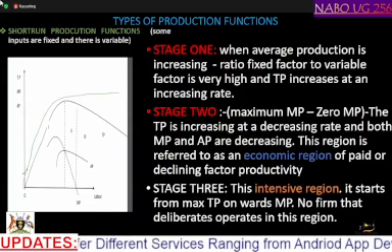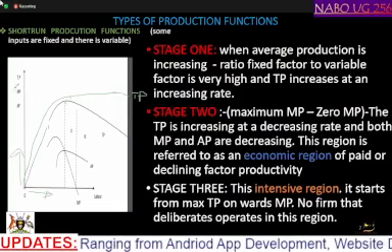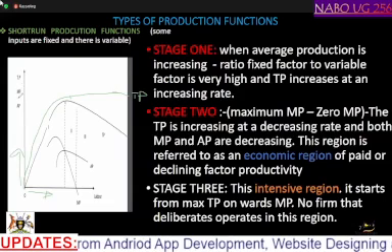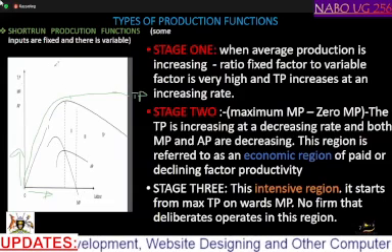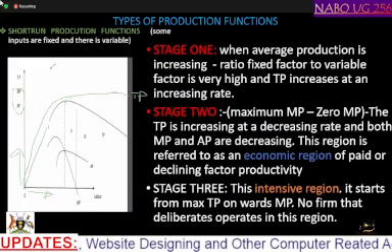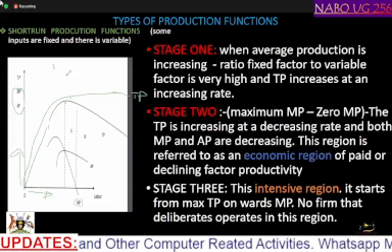Then it declines. And here we derive another ratio, which must have started in year one: marginal product and average product. Marginal product shows you a change in the total product over change in labor.